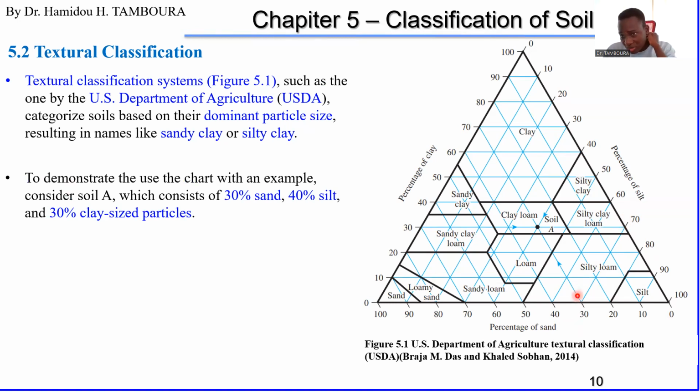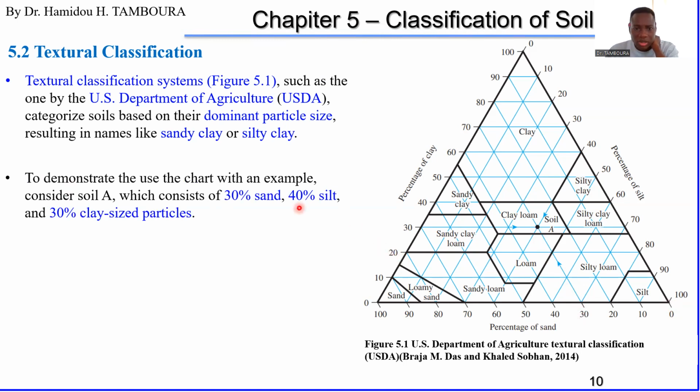The easy way for you to understand which way you have to go is when you come from 0. See 0, you cannot go this way. 0 is telling you that you have to go this way. So you know now that for sand, you have to read in parallel to this line. So for sand, in this line. So 30%, you come 30 here and you go this way. Okay.